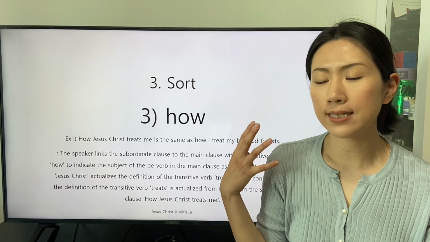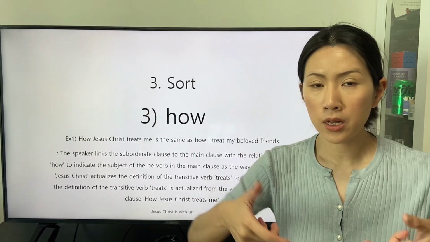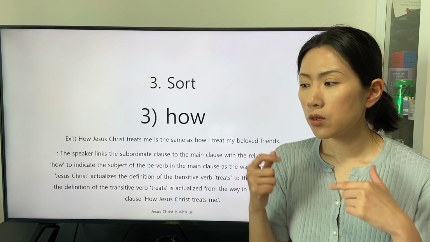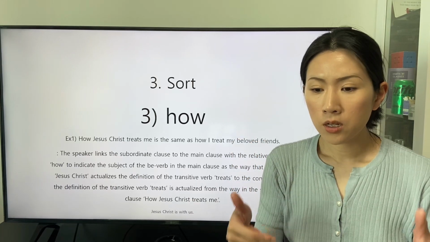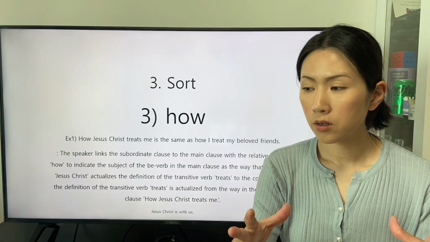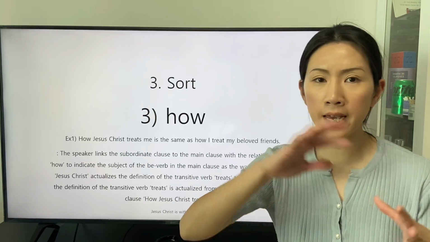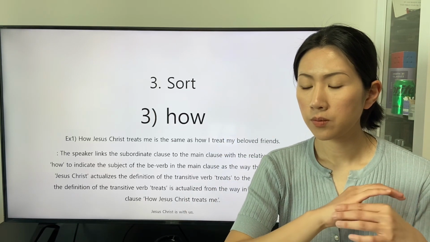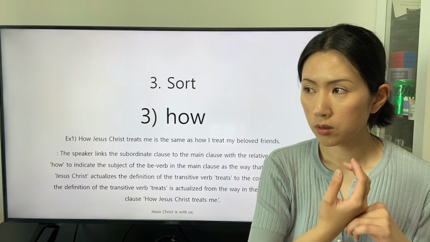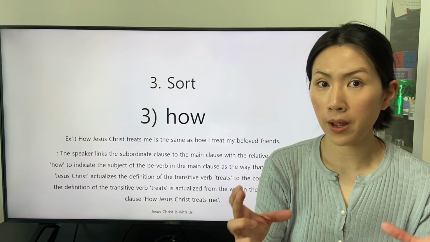As we can understand the inclusive indication by the relative adverb how, we can understand that the relative adverb how can indicate both the precedent and the relative adverb how.